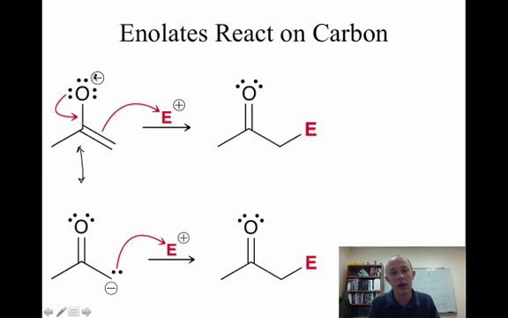Imagine if the oxygen reacted with the electrophile, we would end up with a carbon-carbon double bond. It wouldn't be as stable. So whether you draw this resonance structure or this resonance structure, you always want to show reaction on carbon to give a new carbon-electrophile bond in your product.